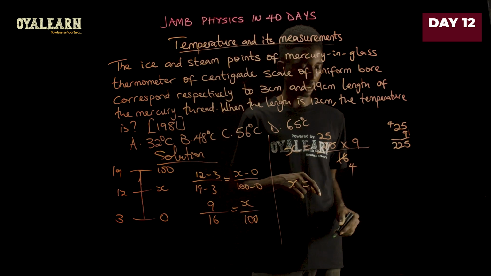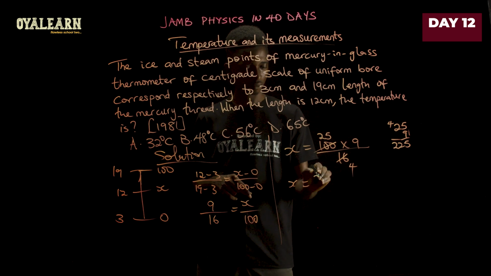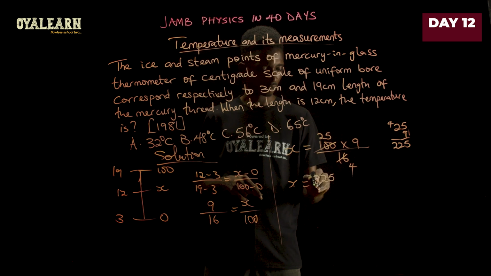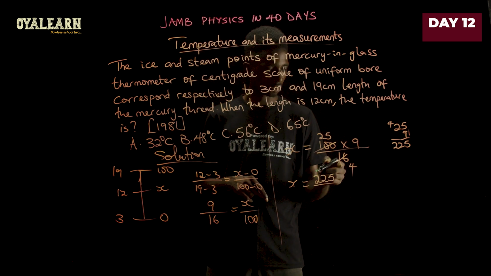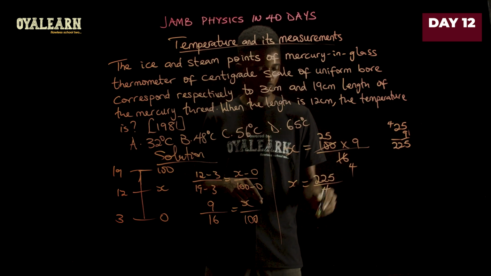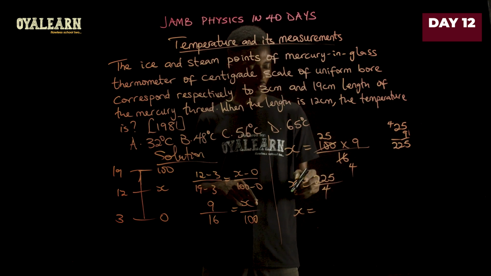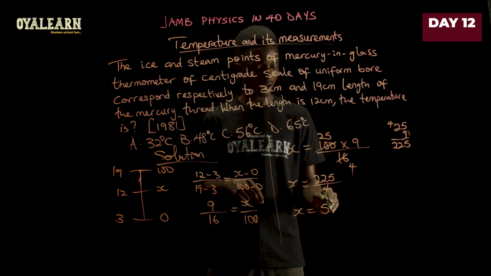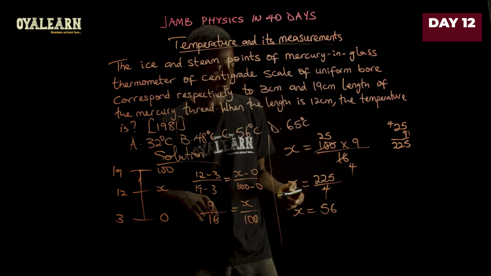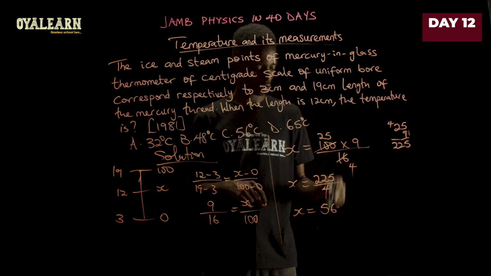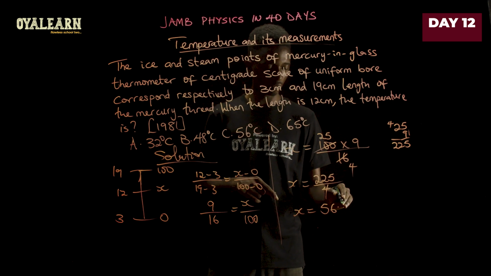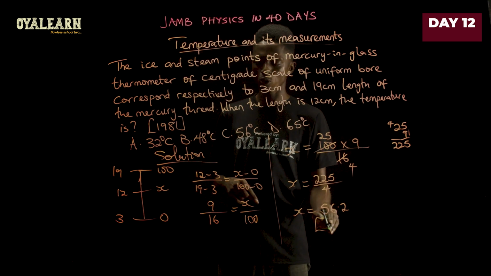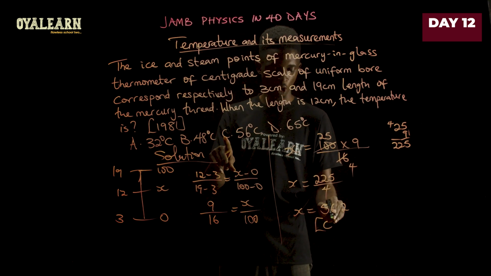So we have 225 over 4. Let's break it down. 4 will go into 22 5 times, remainder 2. And then in 25 it will go 6 times, remainder 1. Then we'll add 0 to that, that will be 2, 56.2, and so on. So when we compare what we have here, it will be approximately 56 degrees Celsius, which is in option C.